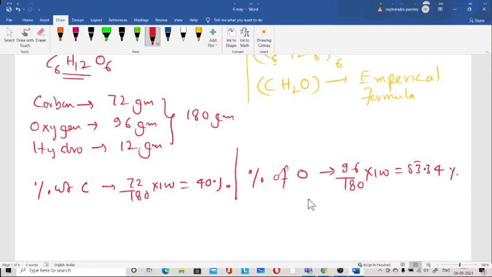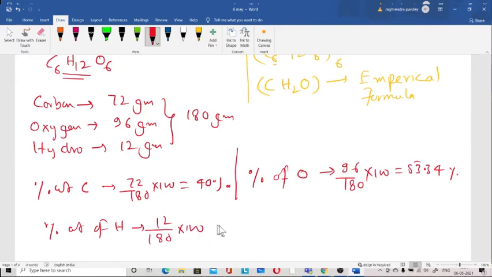53.34%. Then hydrogen, percentage of hydrogen. So that is 12 by 180 into 100.